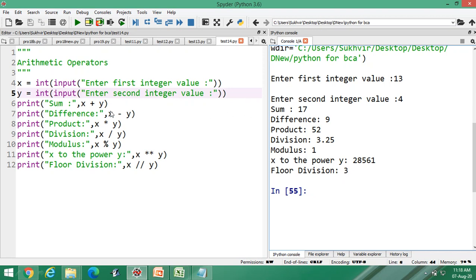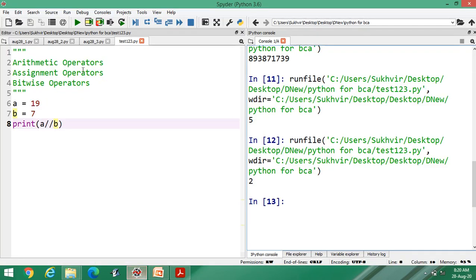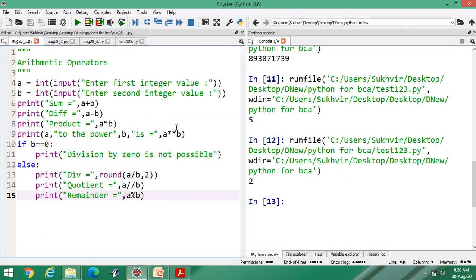Then you can print sum, difference, product, division, modulus, and then power and floor division. But one problem is there inside this content. If the second value is equal to 0, you have to control the content. Let's check that.